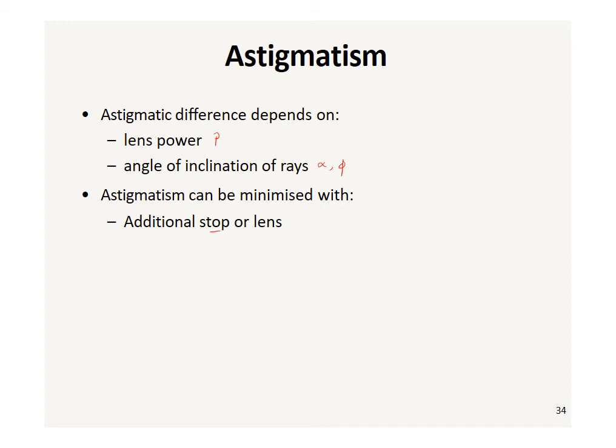If the lens perimeter itself is limiting the size of the ray bundle, then the astigmatism is equal to the image height squared divided by the focal length of that lens.